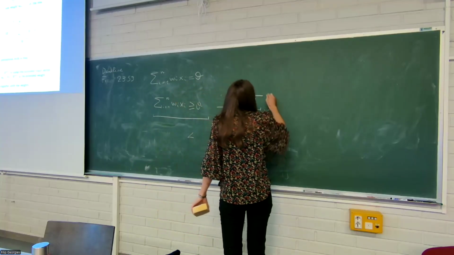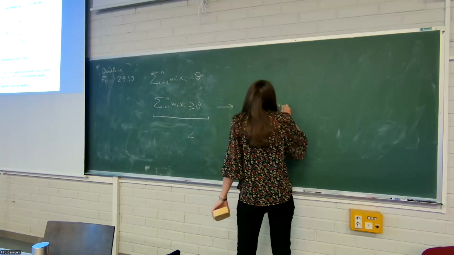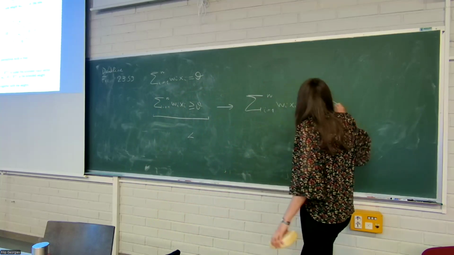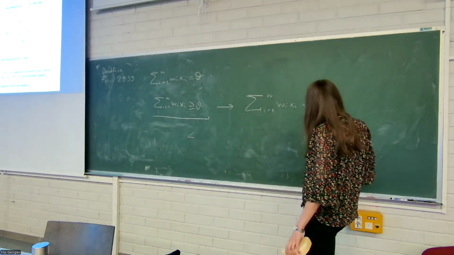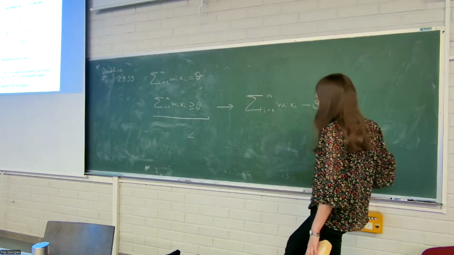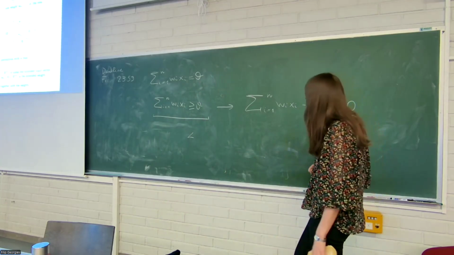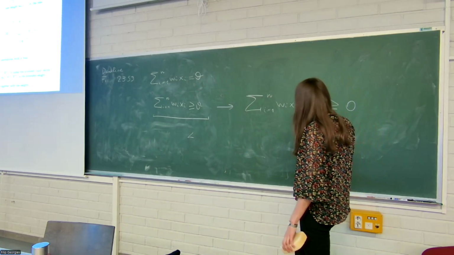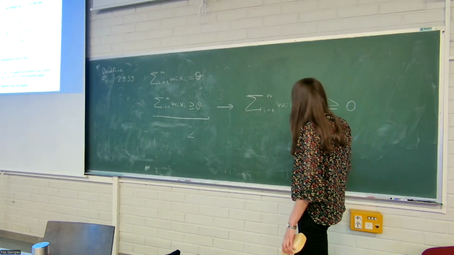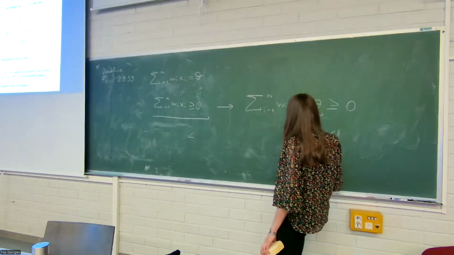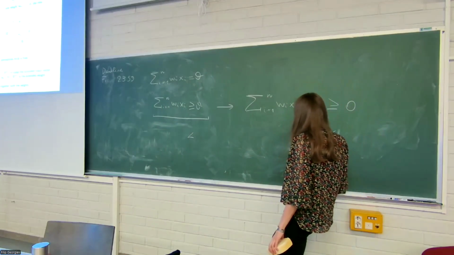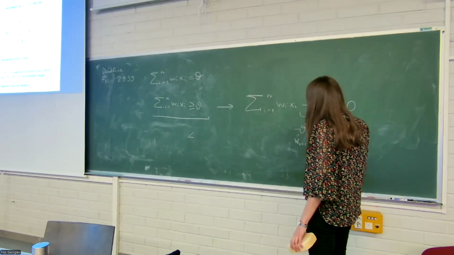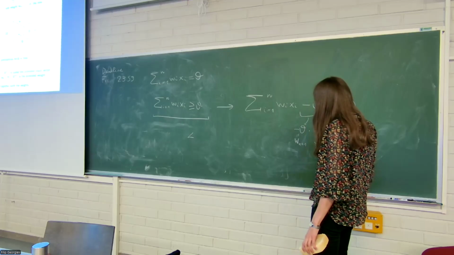The sum from 1 to n of w_i x_i minus theta, and so I can check whether it's greater or equal to 0. Same for the less-than case. So what do I do with this? Minus theta is the weight, and I call it weight n plus 1. And 1 times 1 is another input.